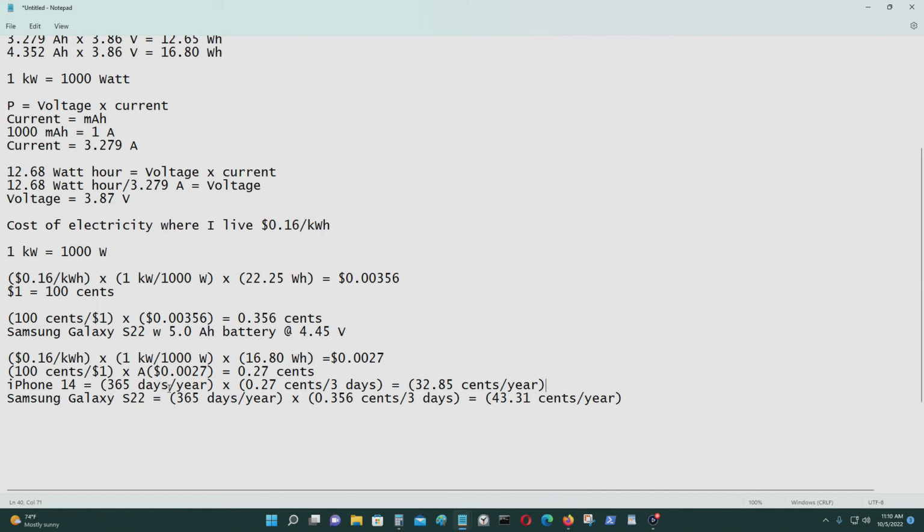There are 365 days in a year, and it costs you 0.27 cents. Let's say you have to charge your phone every 3 days. So then we get 365 days per year times 0.27 cents divided by 3 days.